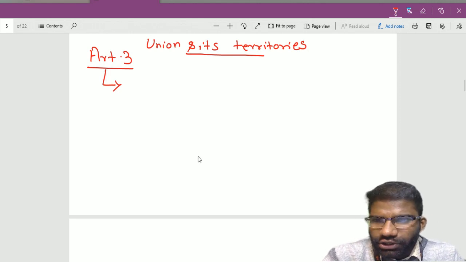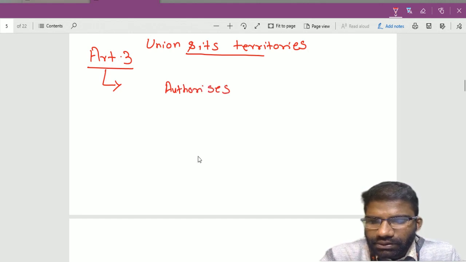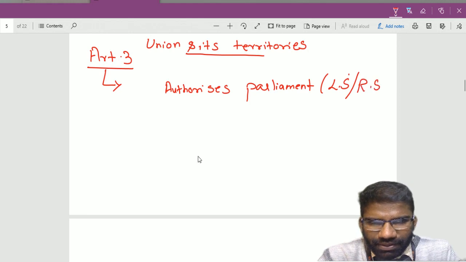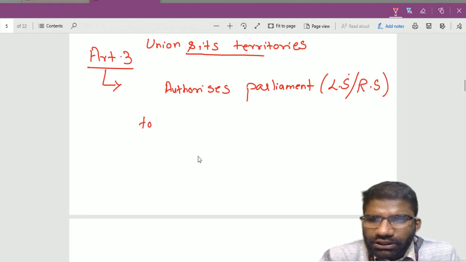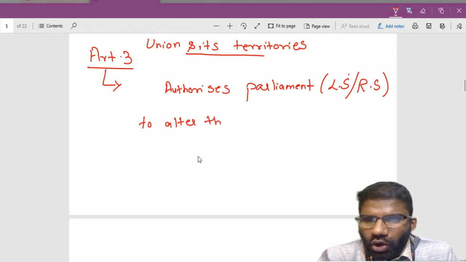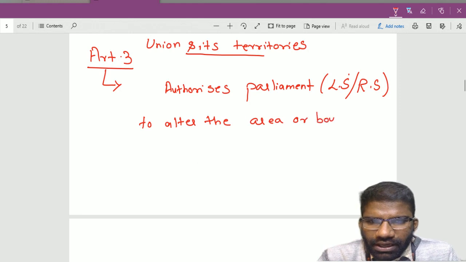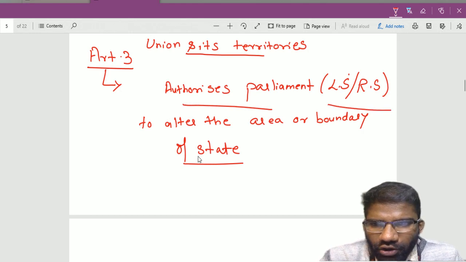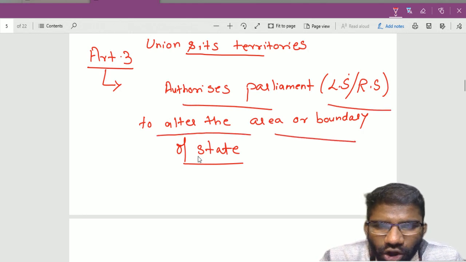Article 3 of the Indian Constitution authorizes Parliament, that is Lok Sabha or Rajya Sabha, to alter the area or boundary of a state.